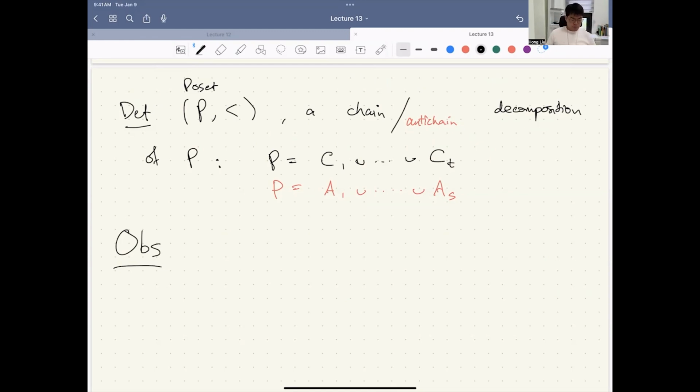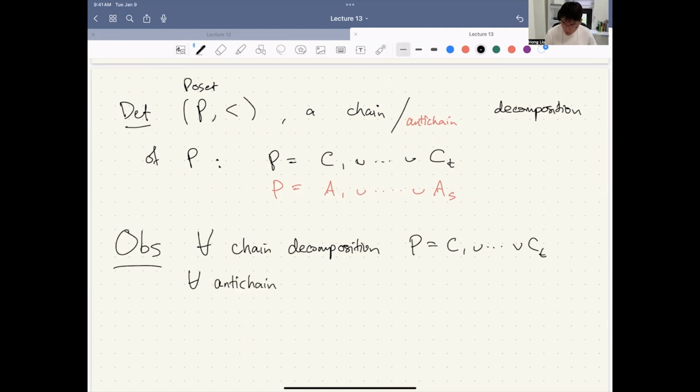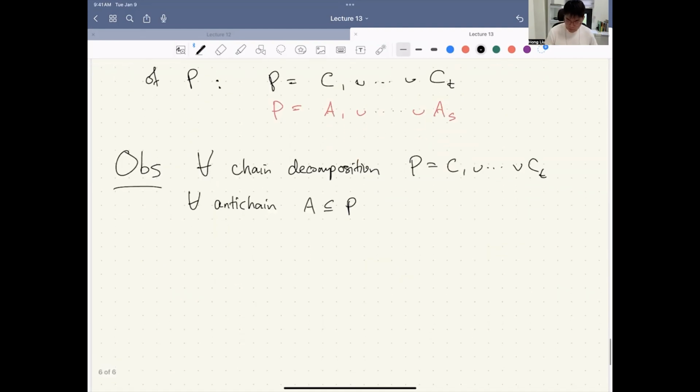For any chain decomposition, let's say partition into T chains, and then you take any anti-chain A in P, then we must have that the size of the chain decomposition is at least the size of any anti-chain.